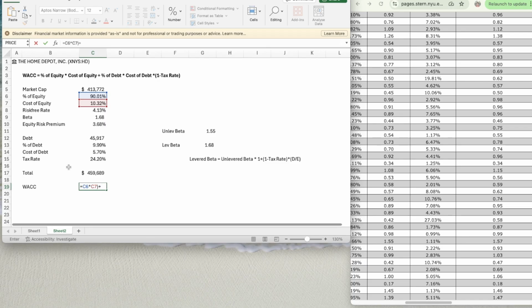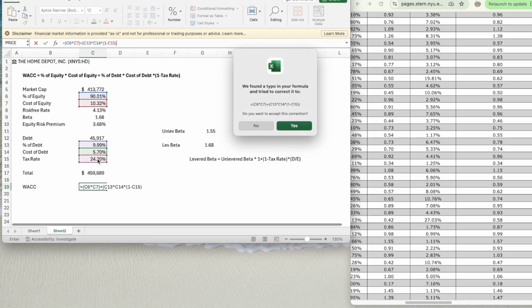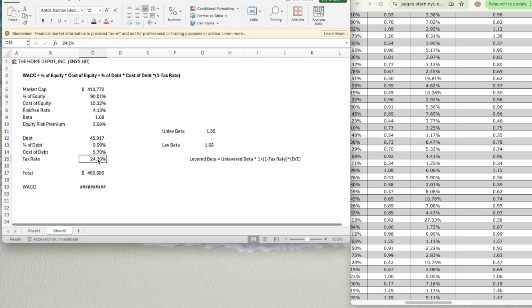Let's put it in brackets just to be safe. Plus the percentage of debt times the cost of debt times 1 minus the tax rate. There we go. Perfect, 9.72. So that's the WACC we're going to be using.